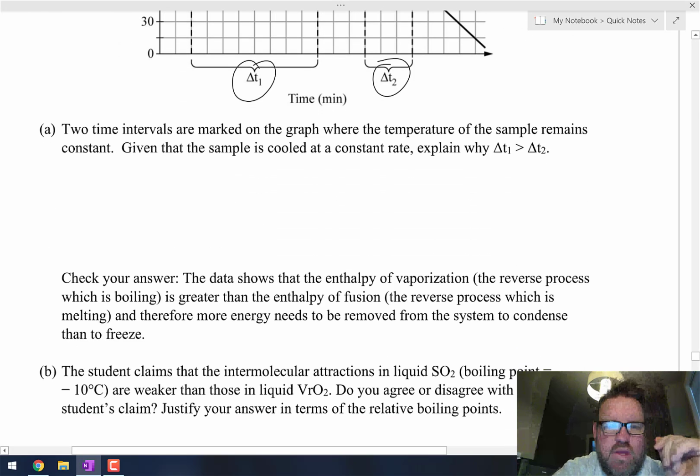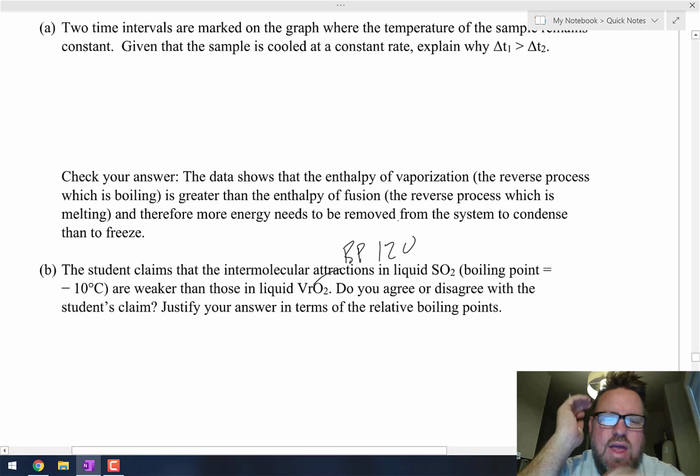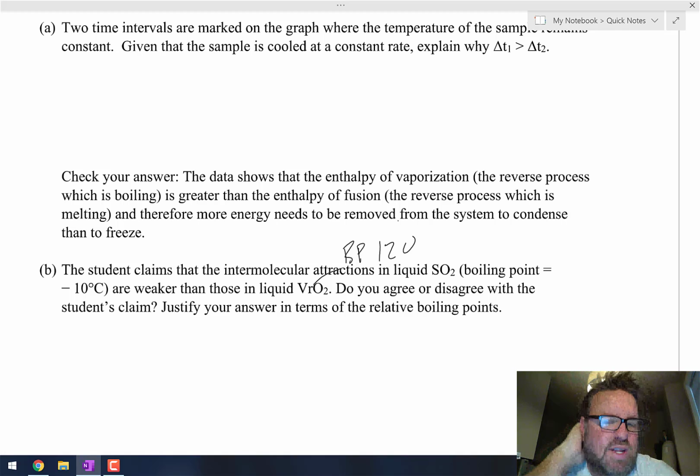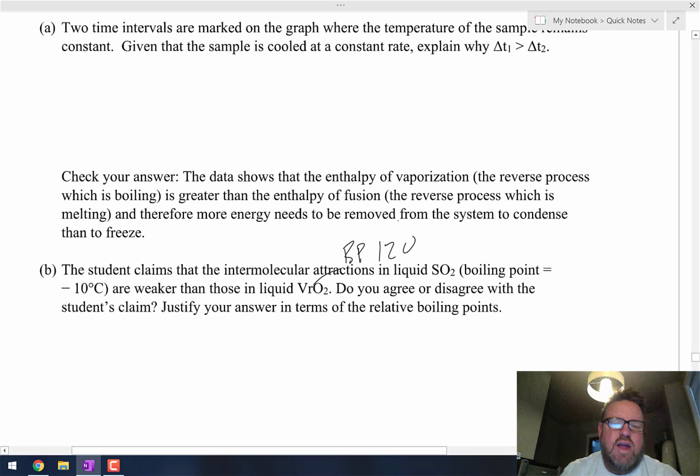120. Okay? So if VRO2 has a boiling point of 120, SO2 has a boiling point of -10, what does that tell you about the attractions between them? Is certainly that the attractions in VRO2 are stronger. Okay? So the student claims that the attractions in SO2 are weaker, and that is absolutely true.